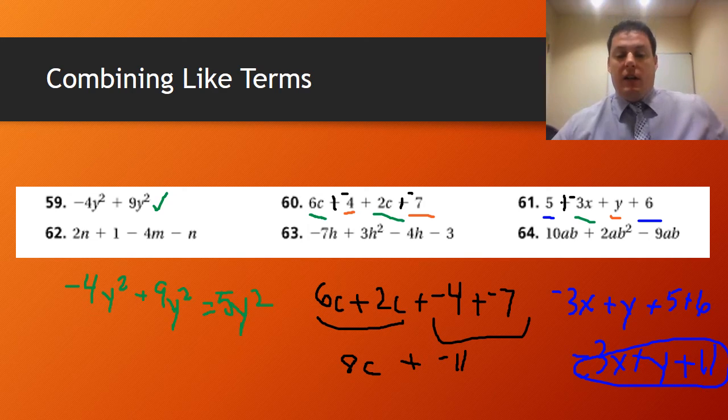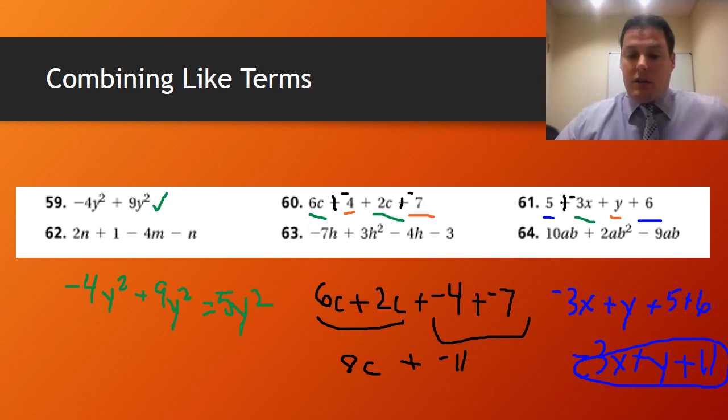Let's skip on to 63. We have minus 7h and 4h. Remember, h is different from h squared. H squared is its own thing, so we're going to make that a different color. And then we're going to have 3. We want to change the sign of the following number, so we're adding everything.